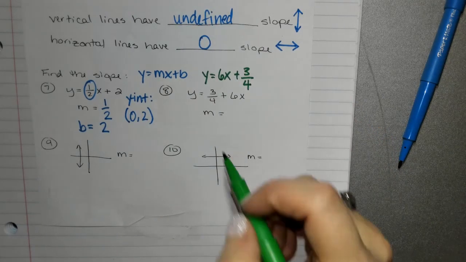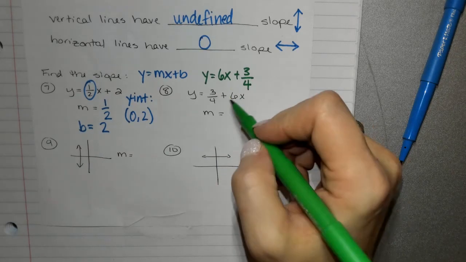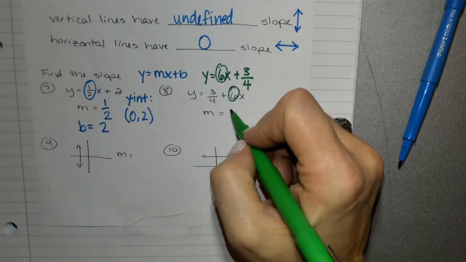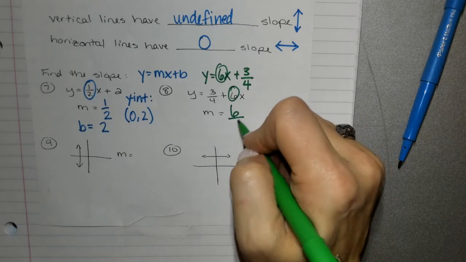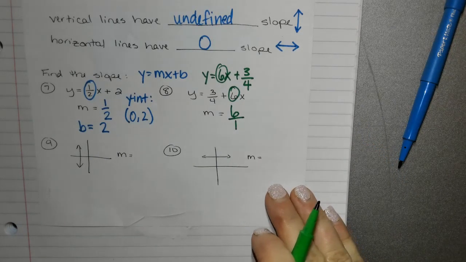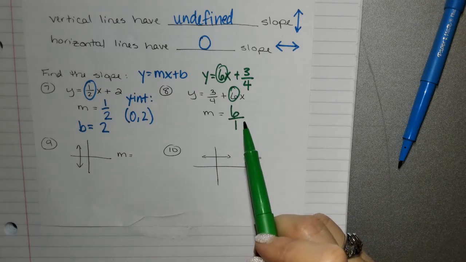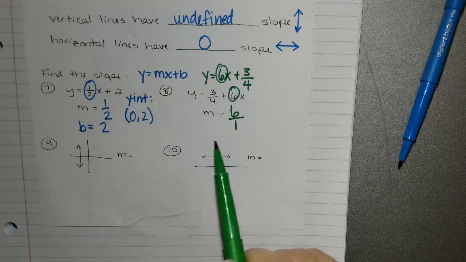We just flipped them. We didn't mess with any negative signs when we flipped them. And now we can clearly see what the slope is. It's the thing that comes before the x. It is the 6. And train yourself with slope to put that 1 on the bottom so you would know that there was a rise of 6 and a run of 1 between each dot on the line.